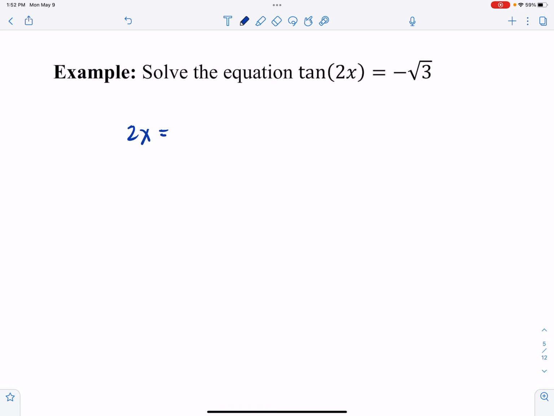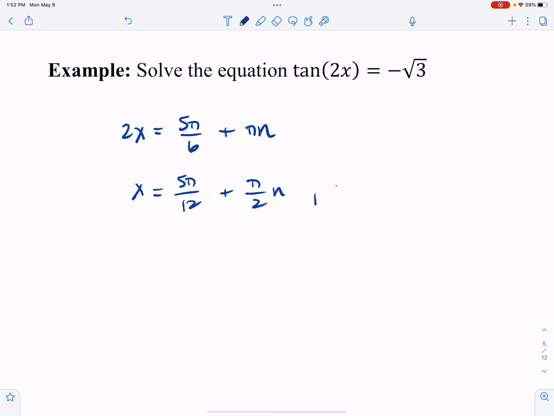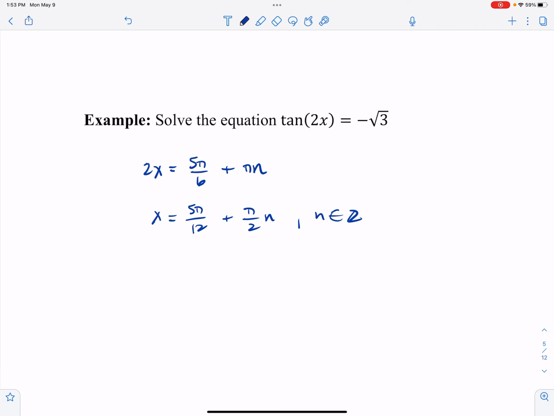So I'm going to use 5 pi over 6 and then add pi times n. Then thinking about dividing by 2, we would have 5 pi over 12 plus pi over 2 n, where n is an integer. And you can always double check by assigning values to n and plugging back into the equation.